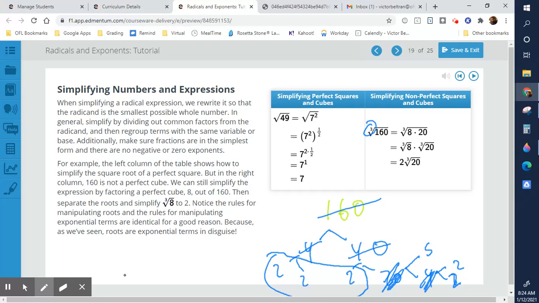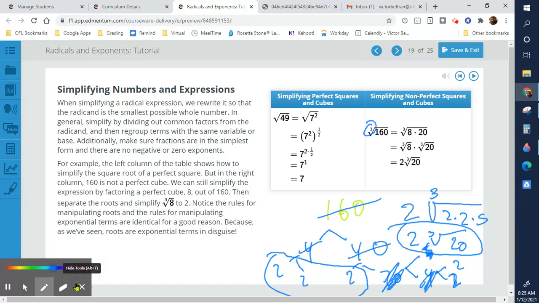And I'm going to multiply everything that's left on the inside. These are all factors, so they all multiply together, which, to no surprise, is the 20, because we got nothing out of 20. This 5's kind of in the way. So that's how I prefer doing it, as opposed to having to know all of your perfect roots.